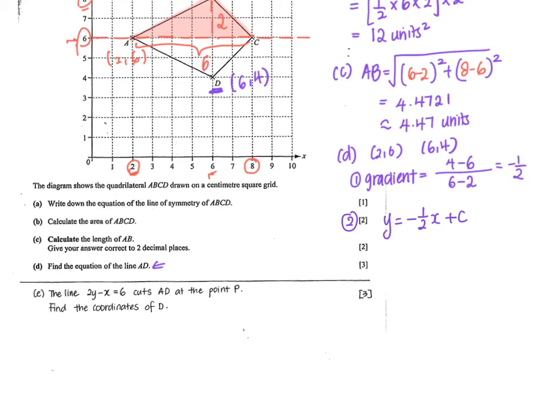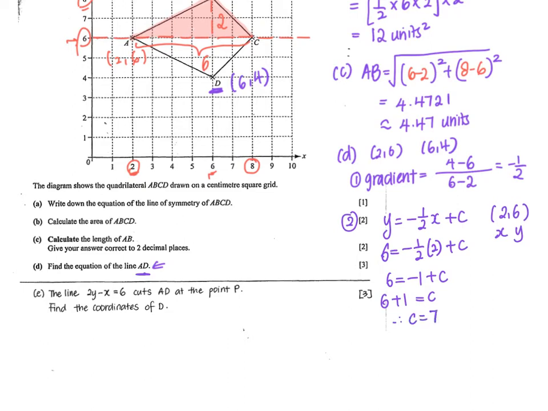This is the line equation of line AD, so either I can use the point A or the point D. A is 2, 6, D is 6, 4. Let's say I choose A, 2, 6. So x is the value 2, y is the number 6. So I have 6 equals to negative half times 2 plus c. Therefore, c equals to 7.